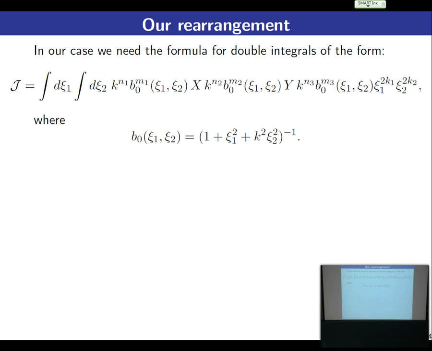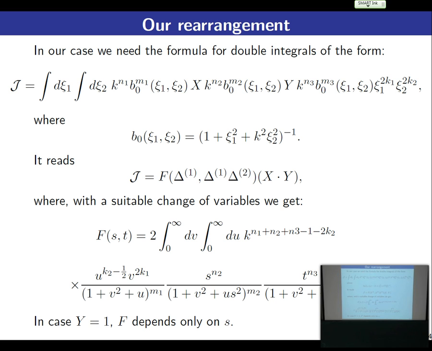And b0 is entering with some powers m1, m2, m3 of the inverse of the principal symbol of the square of the Dirac operator.